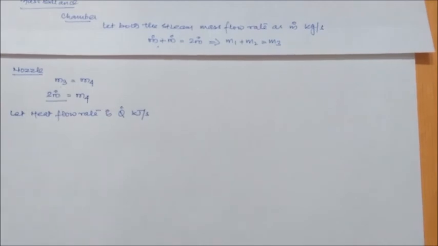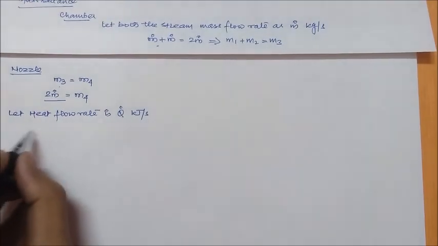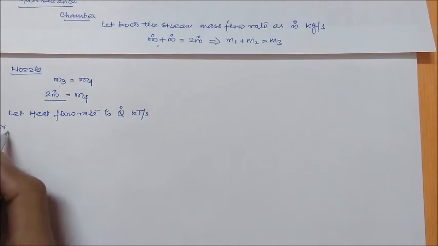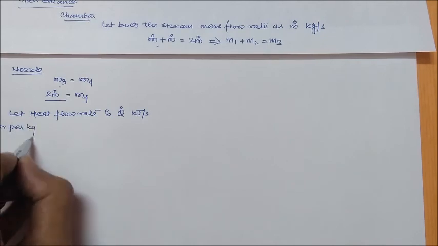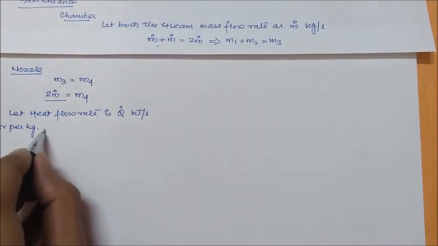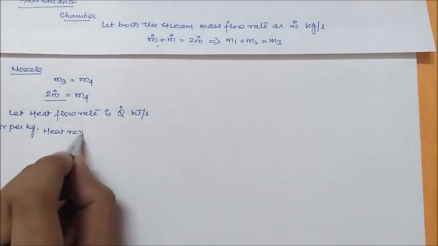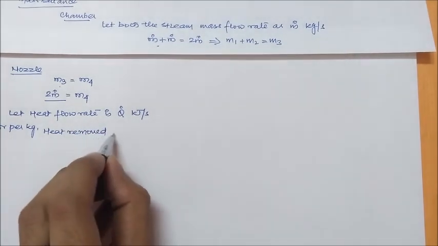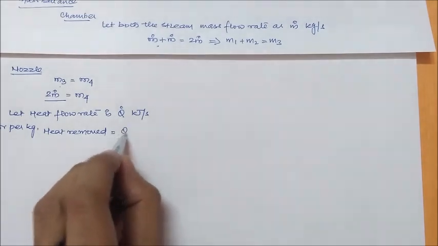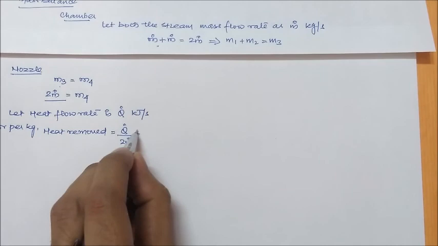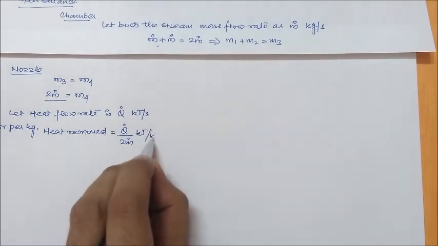Okay, so per kg heat removed will be equal to Q dot by 2 m dot, that is kilojoule per kg.